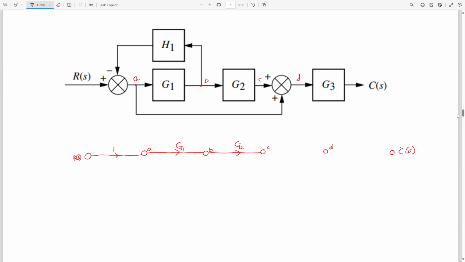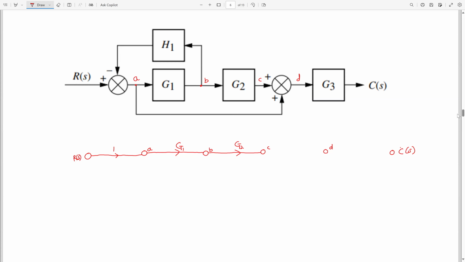G2. Right. And then here, the output of this summing junction is D, right? So based on the postulate we've said, if you have signals entering into a particular node, I'm always going to repeat this, if you have signals entering or moving to a particular node, then that node is the output of some summing junction present.